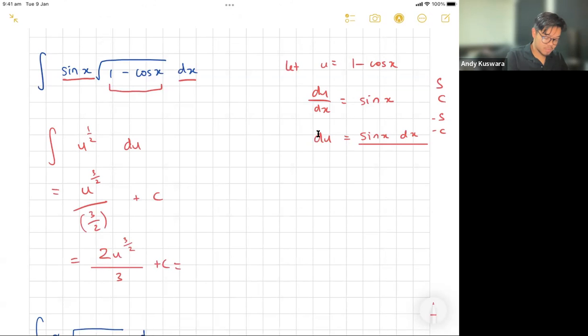So it's just going to be 2, and then 1 take away cos x, because that's what our u was, to the power of 3, and it's taking the square root. I can write it like that. And all that's going to be over 3 plus c.